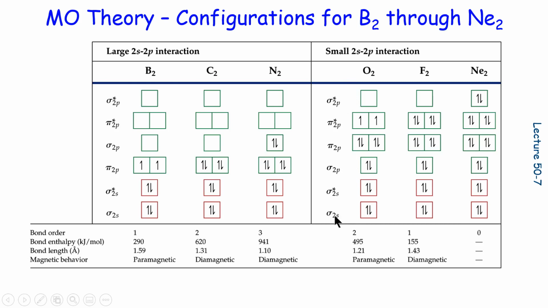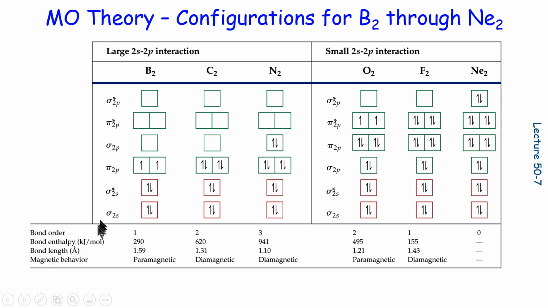Normal order means from sigma 2s, sigma asterisk 2s, sigma 2p, then pi 2p. And on the left-hand side, as we already talked about, the ones with the sp mixing or with a large sp interaction, the energy levels of pi 2p and sigma 2p are reversed. So pi 2p is lower than sigma 2p.